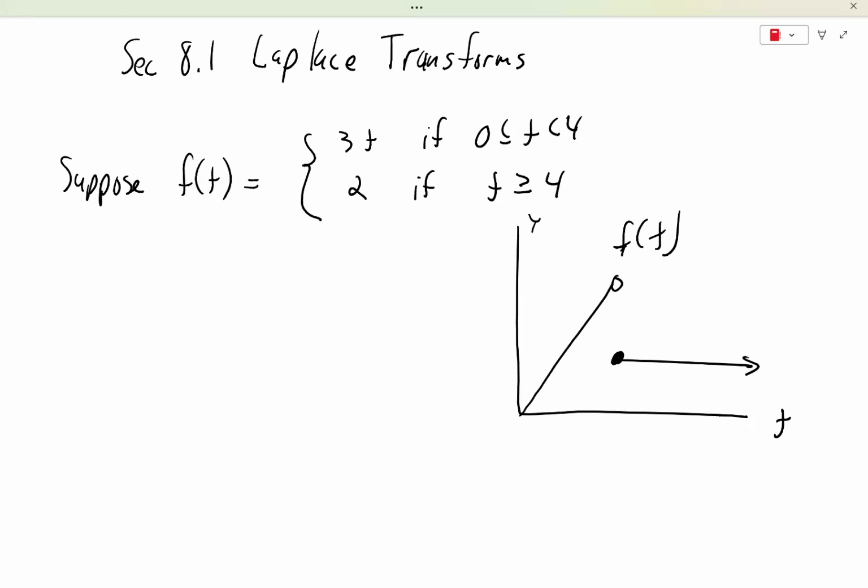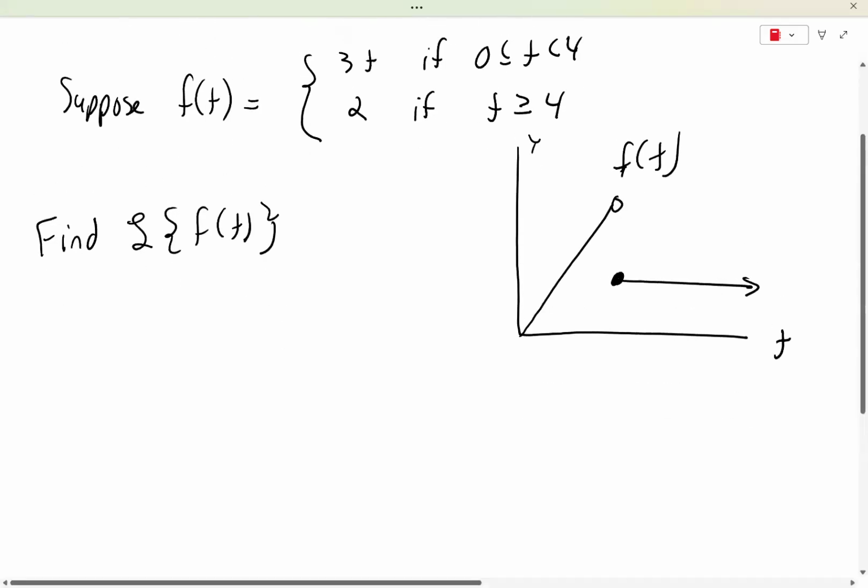So basically here, we'll find the Laplace of f of t. We did some of these last time too. But basically, just go to the definition of it.